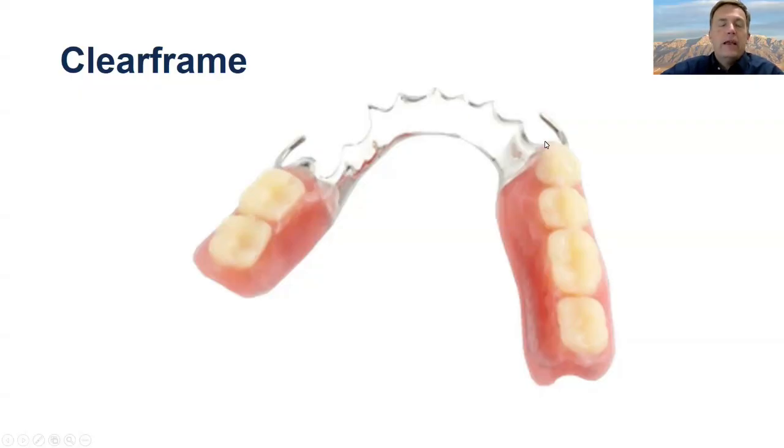So like, let's say you've got a Kennedy class 4 and you need a couple clasps on the cuspids. These clear, if you do acrylic and embed them in the acrylic, you can definitely get a more aesthetic result. If you see these cases in the mouth, they tend to look actually a little bit bluish. So you can see them.